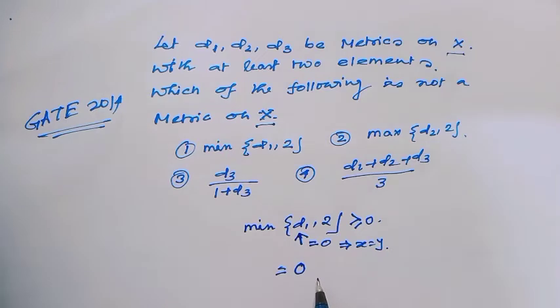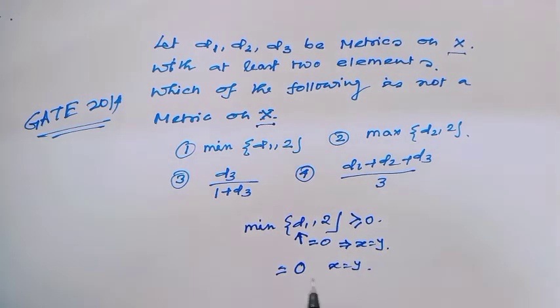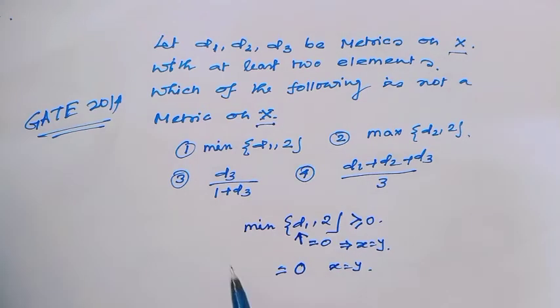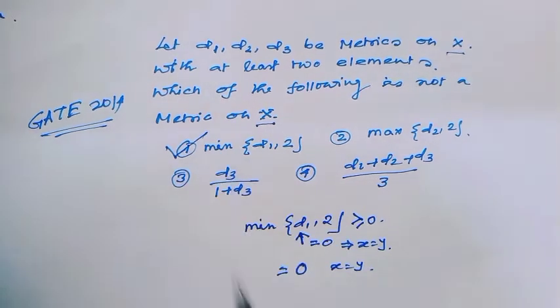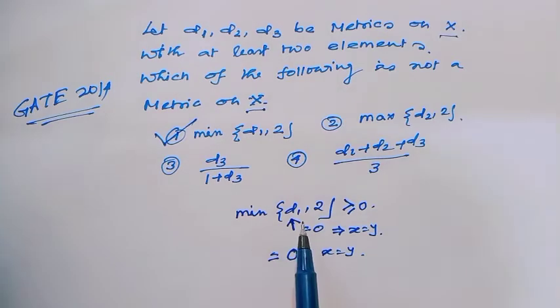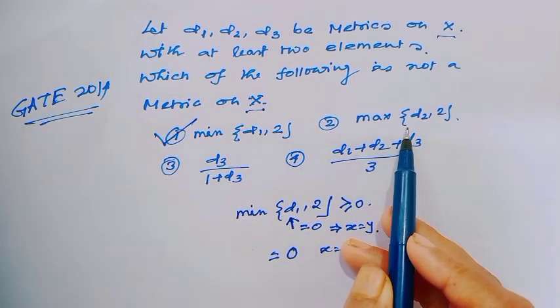Are you getting? And that implies X equal to Y. Similarly, the triangle inequality will also be satisfied. So this is a metric space, and the symmetry property would also obviously be satisfied. But notice, is the next one a metric space?